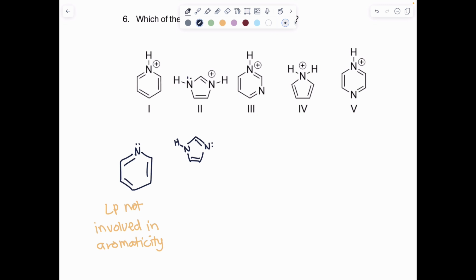It still has a lone pair. So this compound was already aromatic to begin with because it had 2, 4, 6 electrons. So gaining this new lone pair did not create an aromatic system because it was already aromatic, similar to number 1. So I'm just going to say the same thing for here. So both of these lone pairs are not involved in aromaticity.